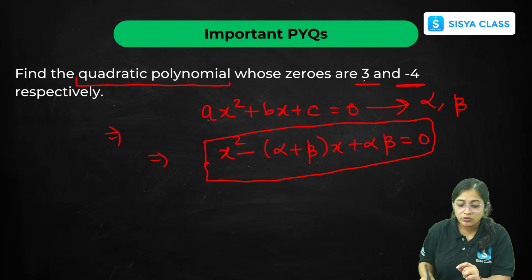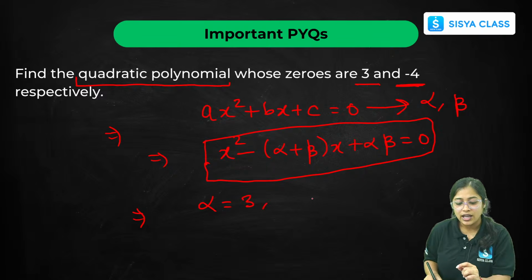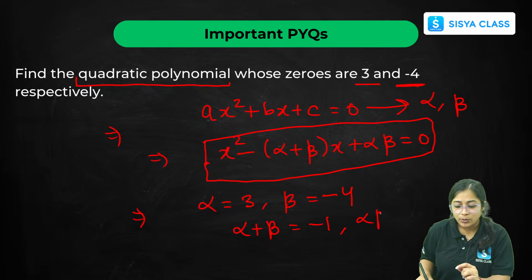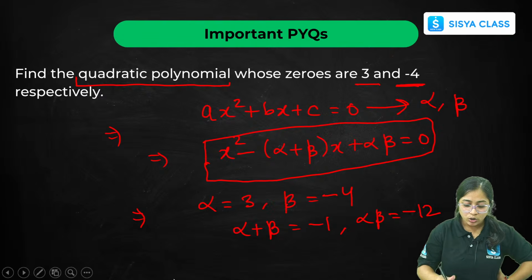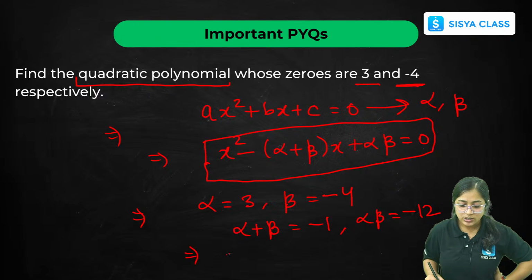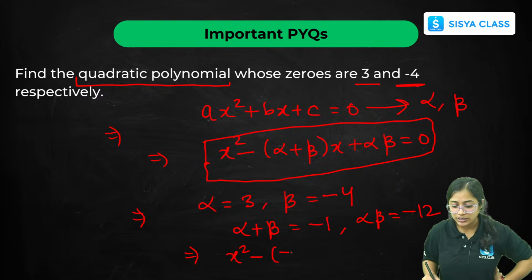Okay, so now here what is given to you? In this question, it is given to you alpha equal to 3 and beta equal to minus 4. So what is alpha plus beta? Alpha plus beta is minus 1, and what is alpha beta? It is minus 12. Okay, now substitute both in this equation. So you will get x square minus (alpha plus beta), that is minus 1, x and minus 12.